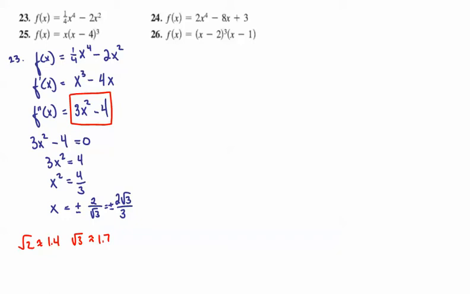So 2 root 3 over 3 is roughly equal to 1.2. So we make our sign chart, and we'll have negative 2 root 3 over 3 and positive 2 root 3 over 3.